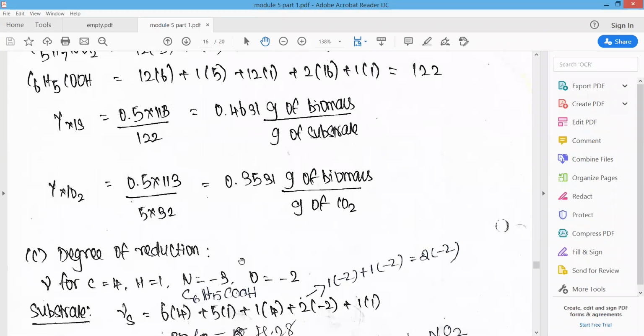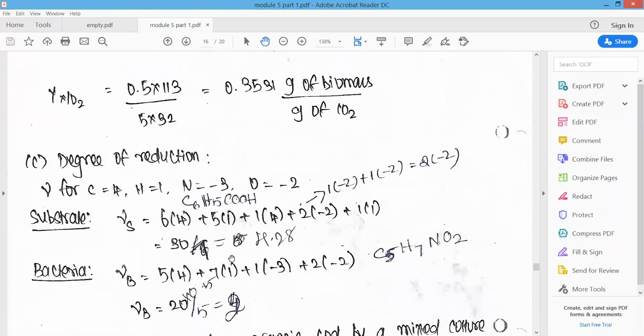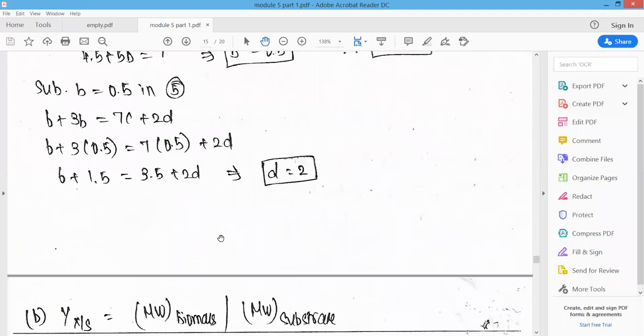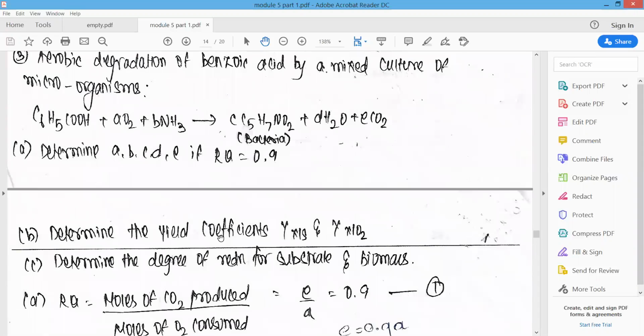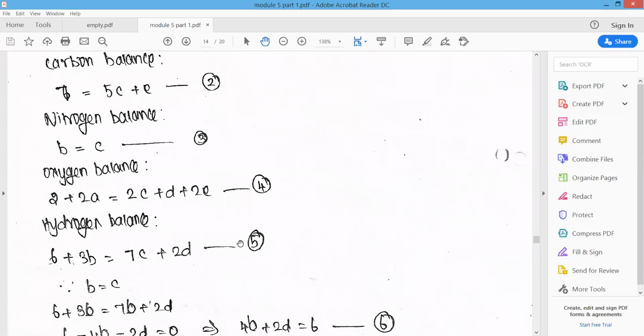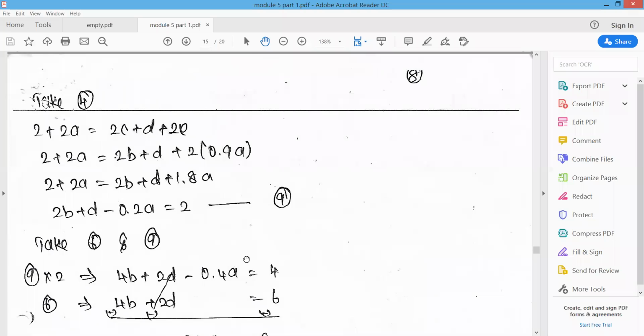And the next is degree of reduction for substrate and for bacteria. The substrate is C6H5OH only, so there are no coefficients. You have to take C6H5OH directly.